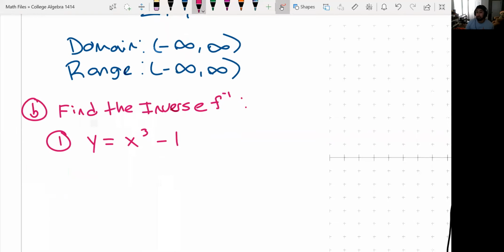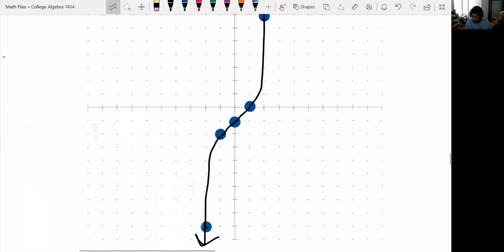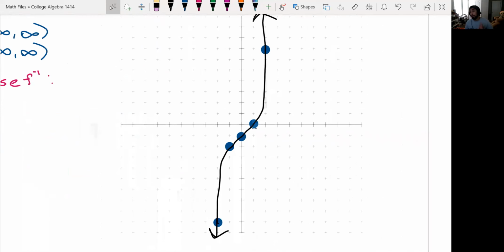Step 2 is probably the most important part. Step 2, since this is a one-to-one function, oh yeah, I wouldn't even check to see if it was one-to-one. Like why are we going to find an inverse if we don't know it's one-to-one? Well, look at this. First off, it's all increasing, which by the theorem, this should be one-to-one.